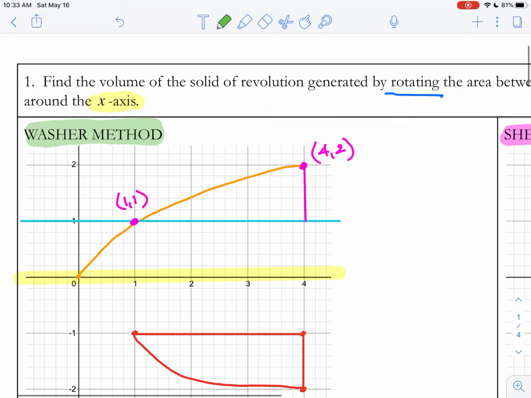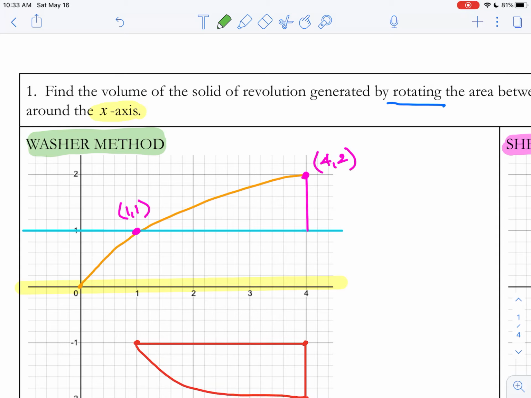Now, if I were to draw some rectangles, if I've decided I want to use washer method, then my rectangle lines have to be perpendicular to my axis of revolution. Okay, so if I choose washer method, my rectangles are perpendicular to my axis of revolution.